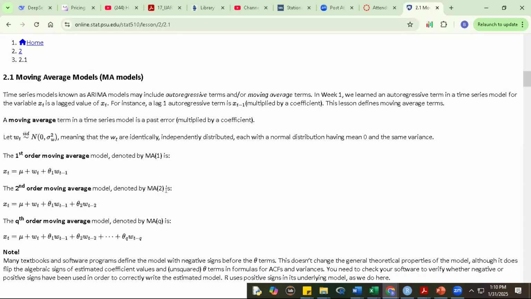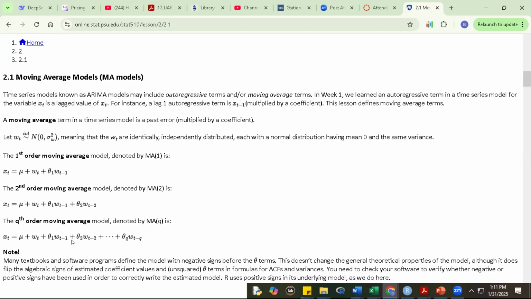So this is your MA, or in general, MA(q), which is your X time series equal to, you notice how epsilon sub t or W sub t is written first after the constant mu, and then you have your theta 1, theta 2, theta q.